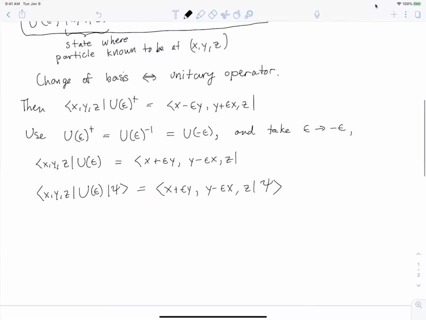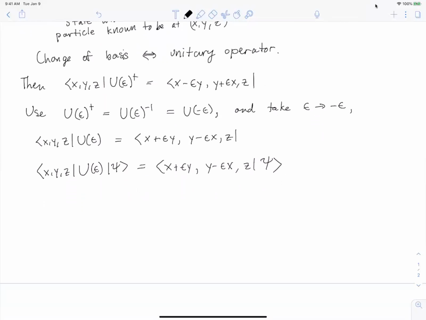Okay, and now because the bra xyz is on the left, this is something that we can translate into wave function language. In particular, this last expression here is the wave function evaluated at x plus epsilon y, y minus epsilon x, and z. Because epsilon is infinitesimal, we can expand in a Taylor series.